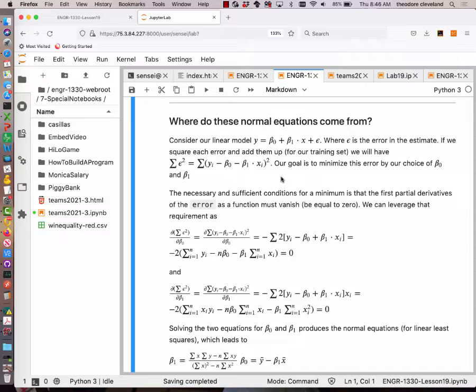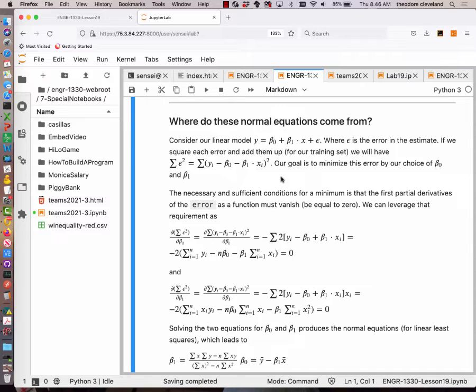If we square each of those errors, we get the sum of the errors squared is equal to the sum of the quantity y sub i minus beta 0 minus beta 1x squared. And our goal is to make that function as small as possible by selecting values of beta 0 and beta 1.